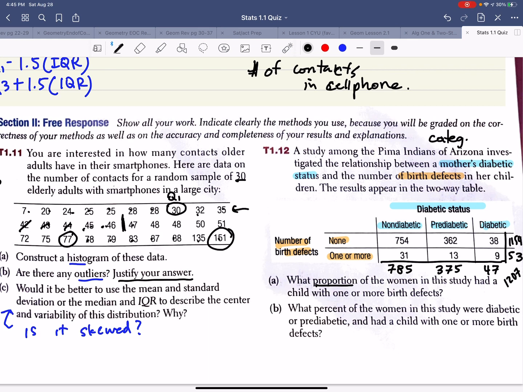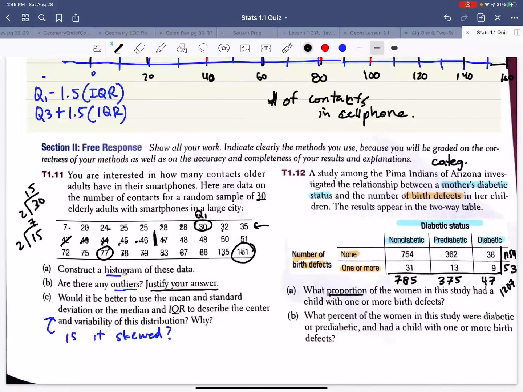I'm going to double check my math. All right. Now it says, what proportion of the women in the study had a child with one or more birth defects? Of the people in the study, so that means out of the whole number of people in the study, what proportion said yes, you got one or more birth defects?